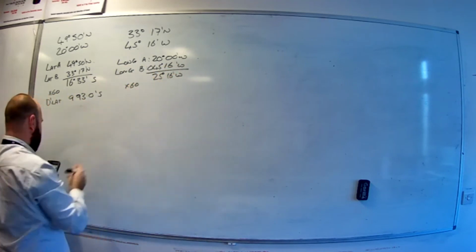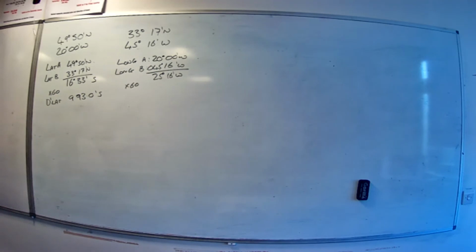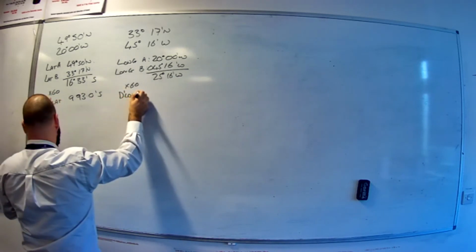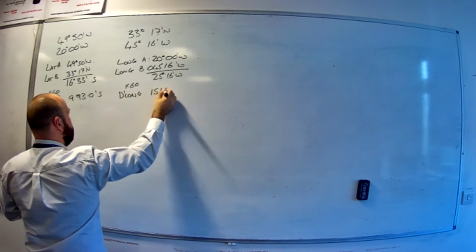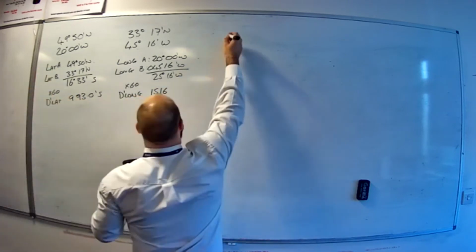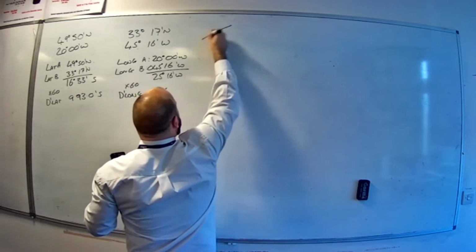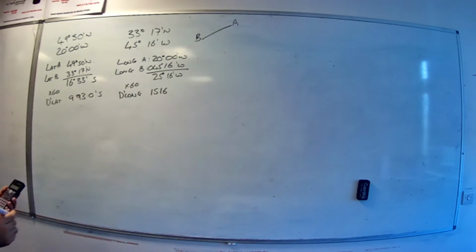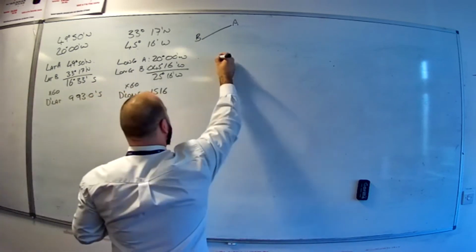Times it by 60. 1516. Right, so we were heading south and we were heading west. So we can sketch in again a little diagram to show us which way we're going. Now what we're going to do is work out meridional parts.